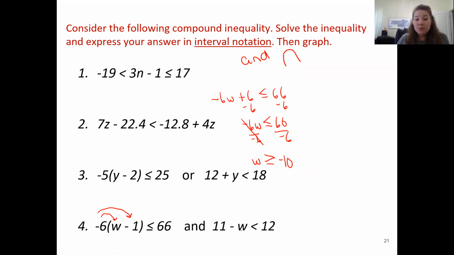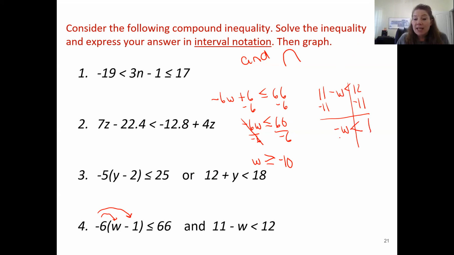And then this one, we are going to bring our 11. Let's go ahead and write it right here. 11 minus w, 12. So we're going to get rid of 11. So we're going to bring down that negative w, that sign, and 12 minus 11 is 1.